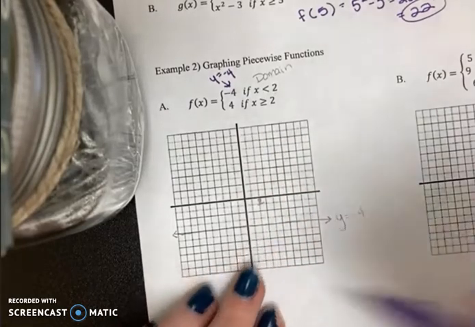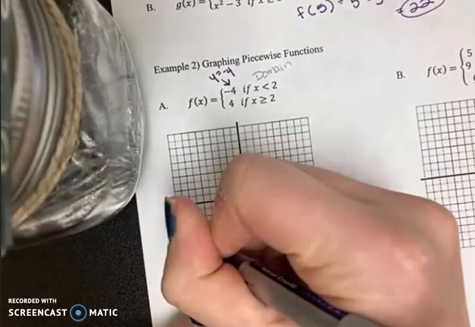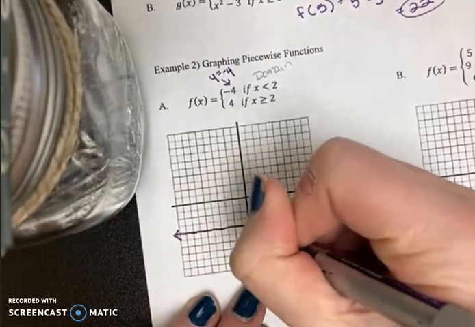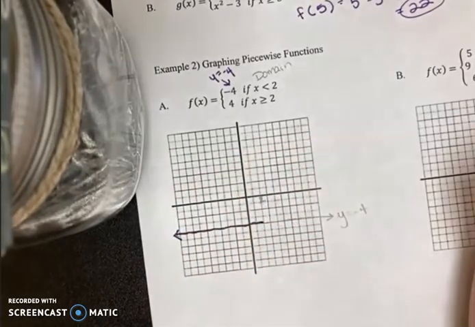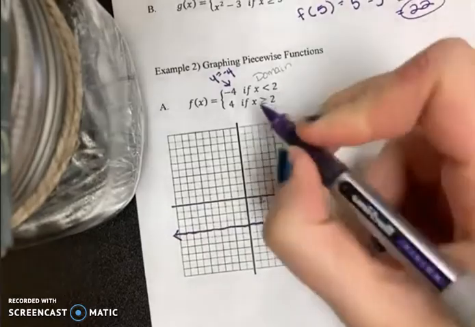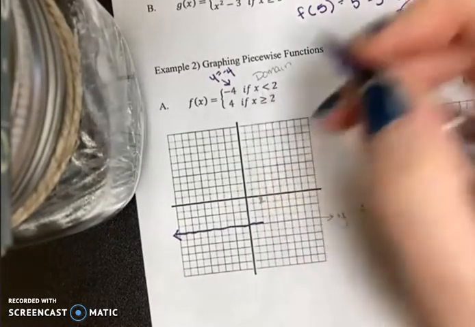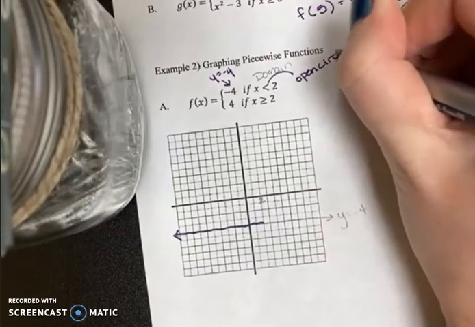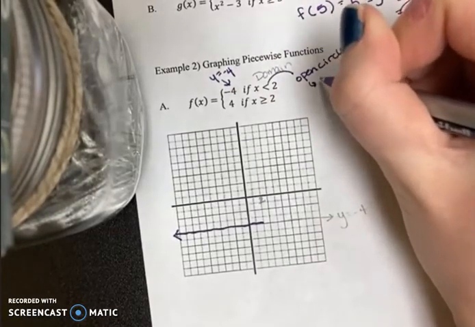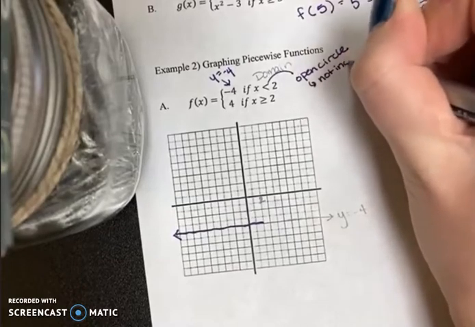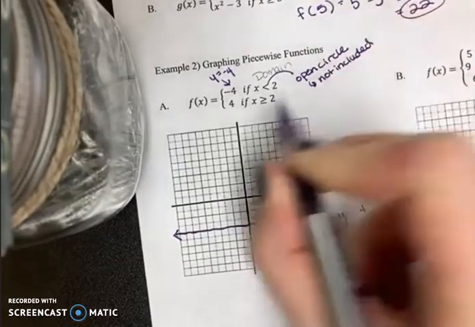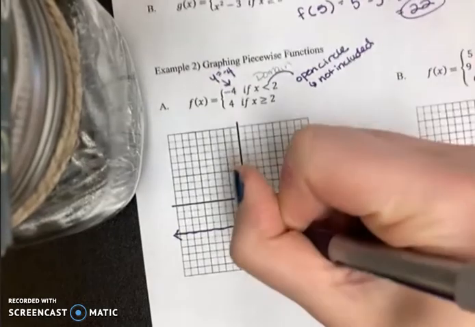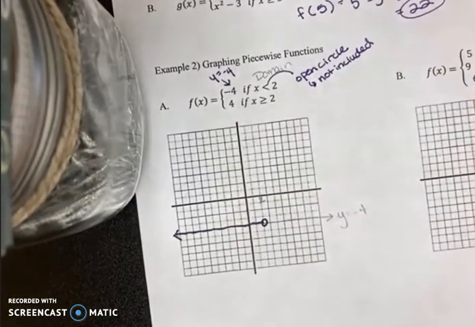So I want the left-hand side of the graph all the way until I get to 2. Now it is strictly less than, so I'm going to use an open circle, because an open circle means it is not included in my domain.